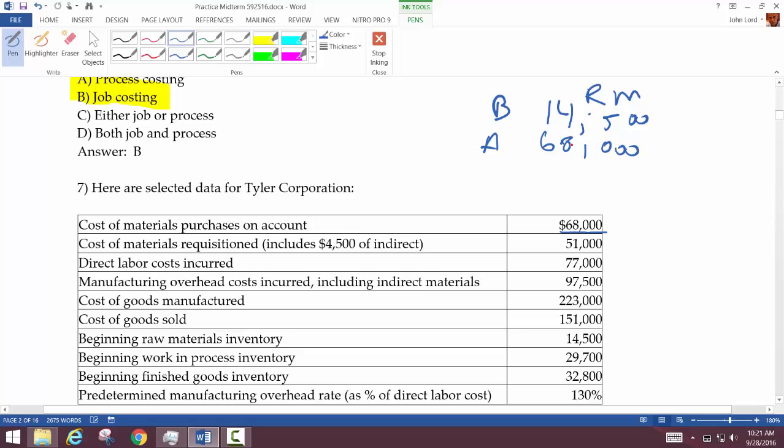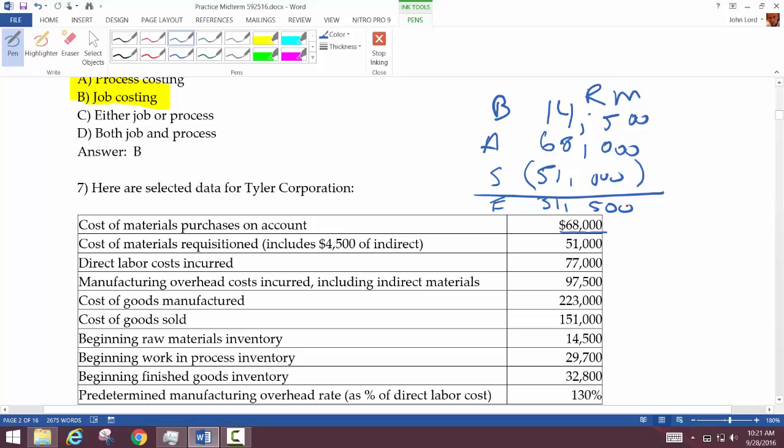Then they told me the cost of materials requisition, and now I take the whole amount. It doesn't matter which amounts were direct or indirect because I'm trying to come up with the ending balance here. So I'd subtract 51,000, and that would give me an ending balance in the raw materials of how much? 31,500.